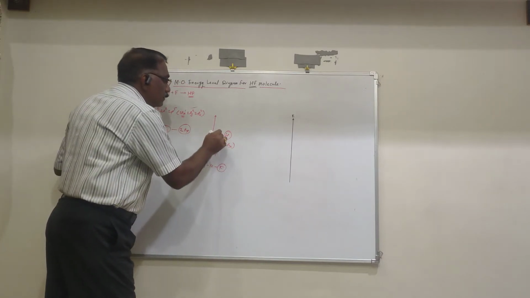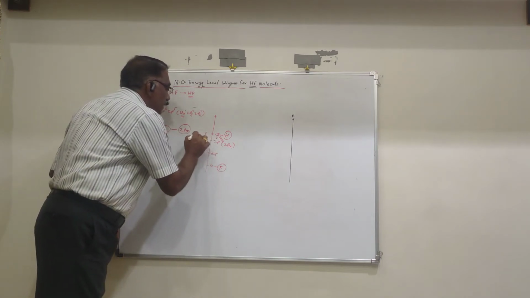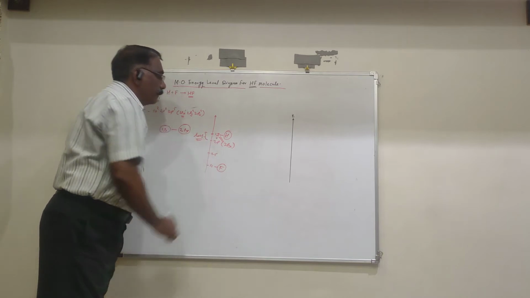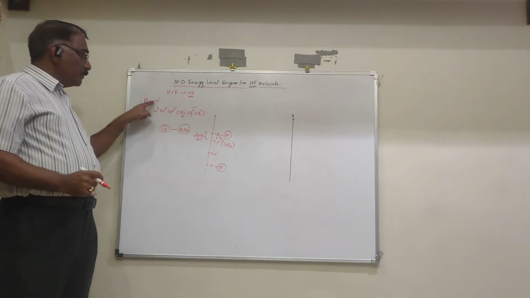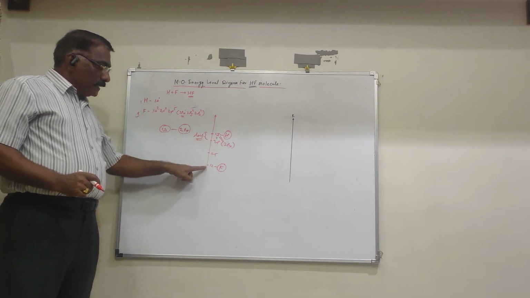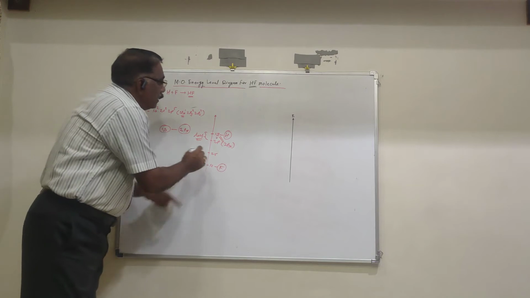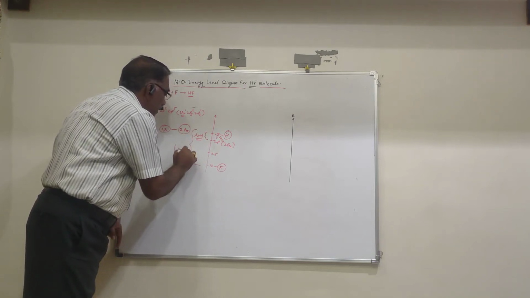The energy difference between the hydrogen 1s and 2px is very small, so this combination is possible. Always 1s combines with 1s, but here the fluorine 1s has very low energy, and this difference is very high.